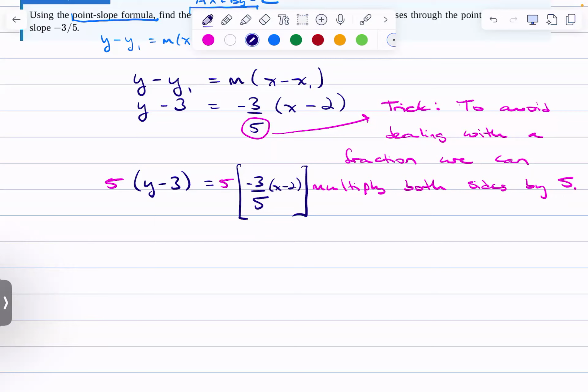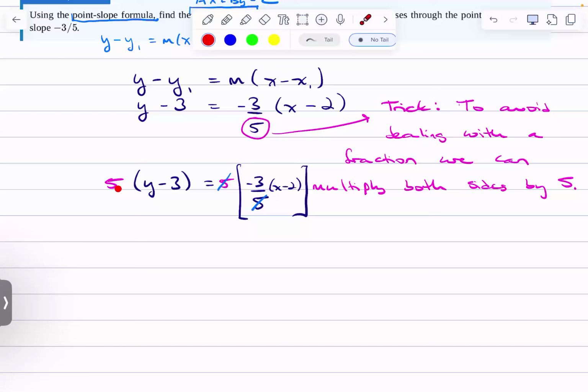Now this divided by 5 is actually over all of this, and that's why I'm allowed to cancel it. 5 divided by 5 is 1, so it just hangs out and doesn't do anything, since 1 times anything is just itself.